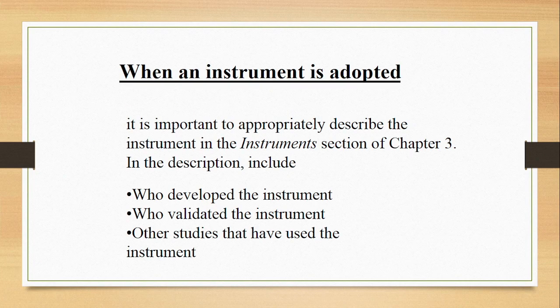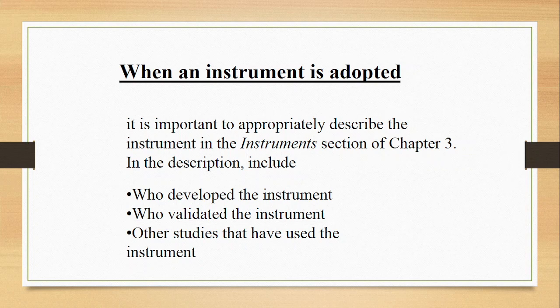Now, if you are going to use the adopted questionnaire, that is, you are going to copy and use someone else's questionnaire in your study or in your research, then it is important to appropriately describe the questionnaire in the instruments section of the chapter 3, that is the methodology chapter.